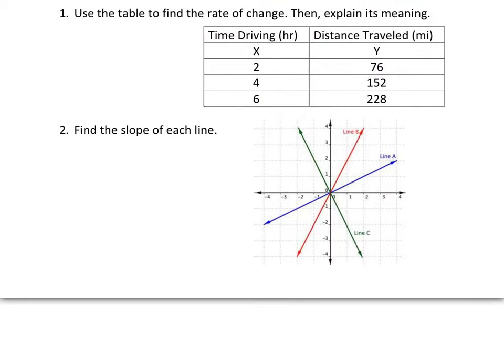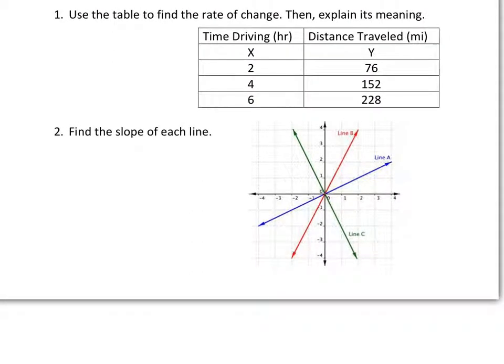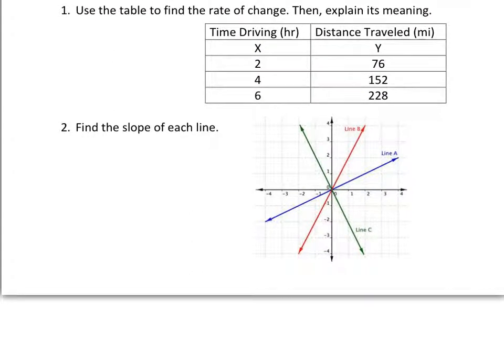So we're going to use this table to find the rate of change, and then we're going to explain what that means. These are giving you points. So these 3 points, you've got 2, 76. So this is like x1, y1. This is another point here, x2, y2.